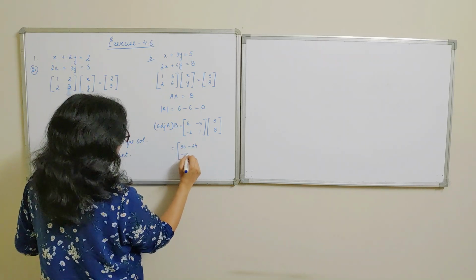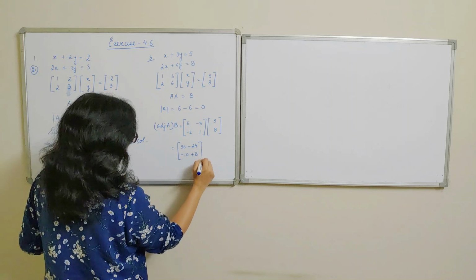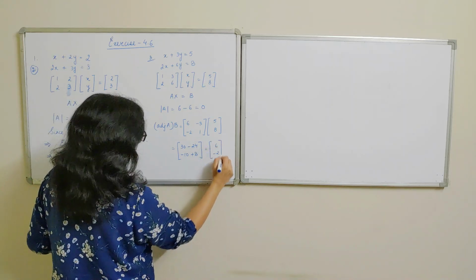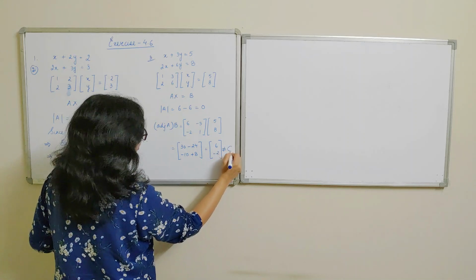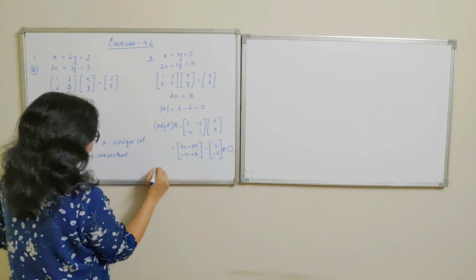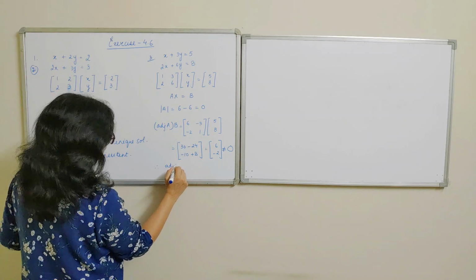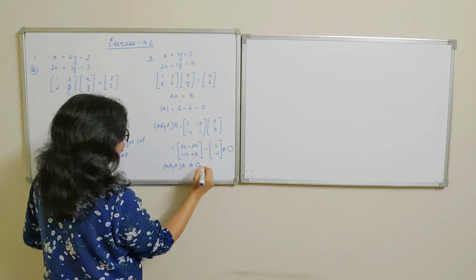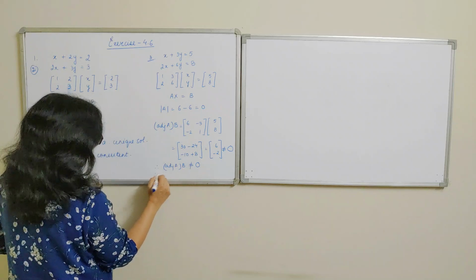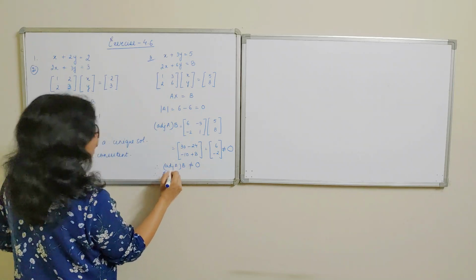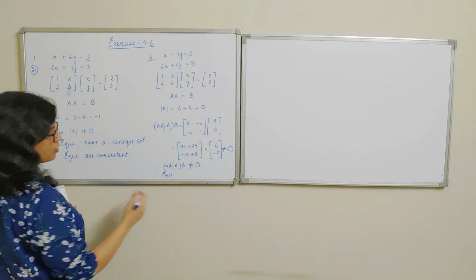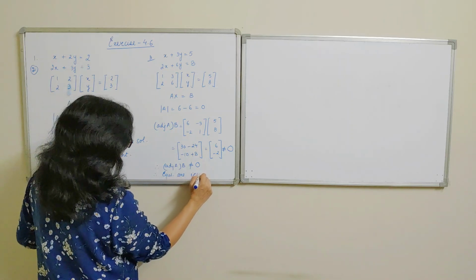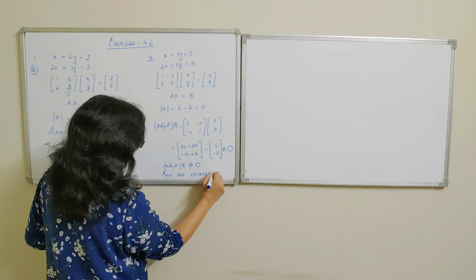Next is minus 10 plus 8. So we get here 6 minus 2. And obviously this is not a zero matrix. So since adjoint A into B is not a zero matrix, therefore we can say the equations have no solution at all. Equations have no solution, that means equations are inconsistent.